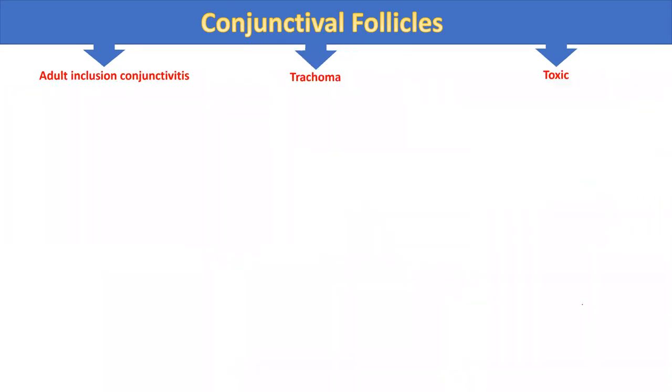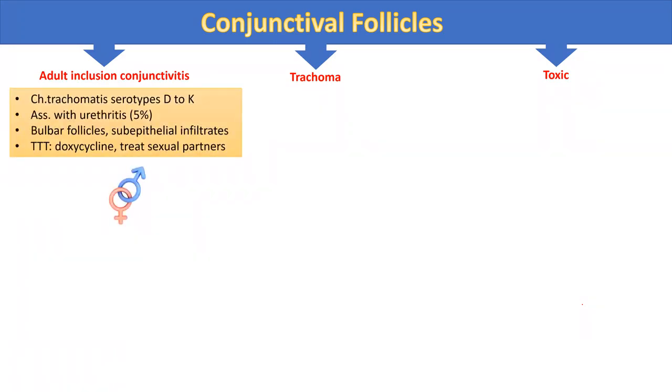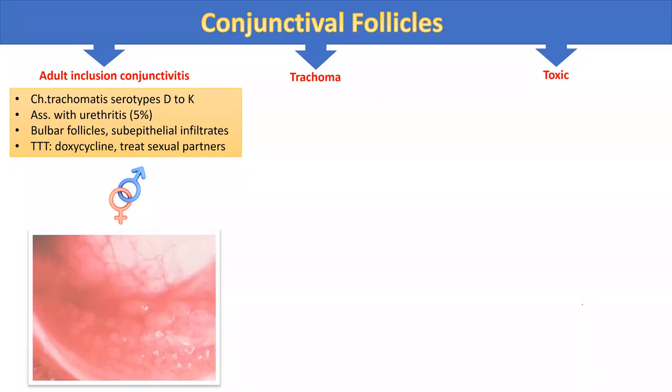Other diseases that cause conjunctival follicles are adult inclusion conjunctivitis. It's caused by Chlamydia trachomatis serotypes D to K associated with urethritis, characterized by bulbar follicles and subepithelial infiltrates as corneal infection, treated by doxycycline, erythromycin, azithromycin, and treatment of the sexual partner.